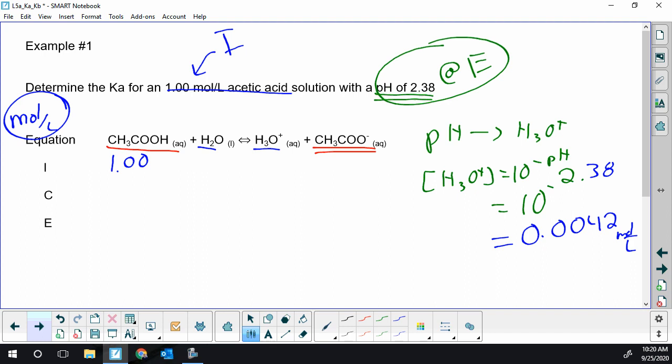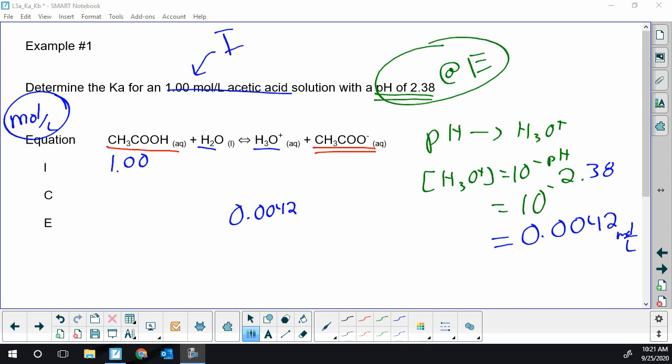So at E, we have 0.0042 moles per liter of hydronium. I plug that right into the E value.